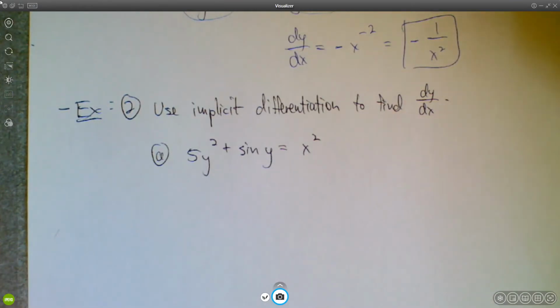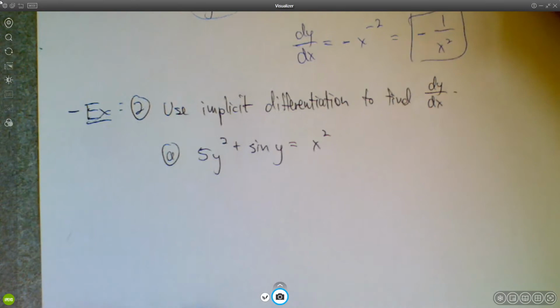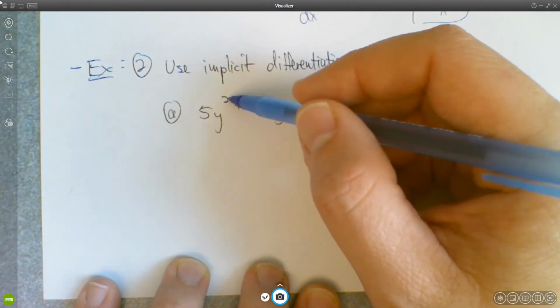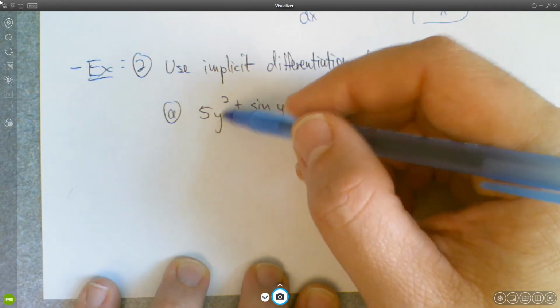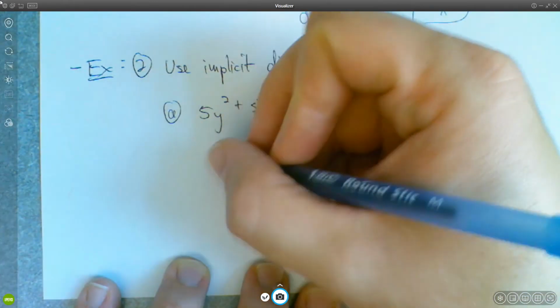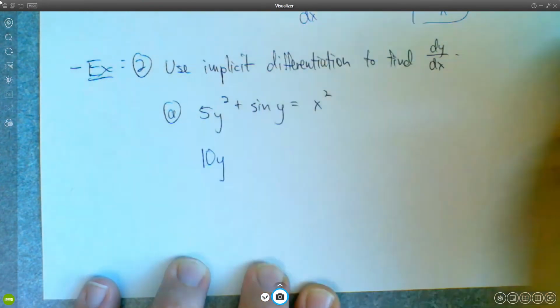Anytime you differentiate something with a y in it, you need to have a dy. You need to use the chain rule. So you need to multiply by a dy dx. Okay. So looking at this first term, if I differentiate this, it's going to be 2 times 5y to the 2 minus 1. So in other words, 10y to the first power, right? This is going to be 10y to the first power.